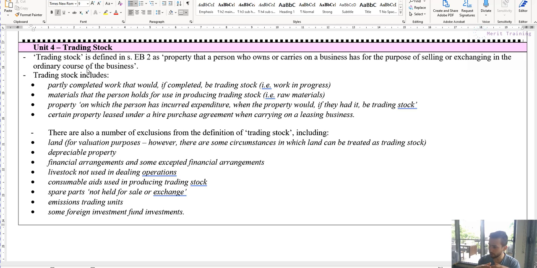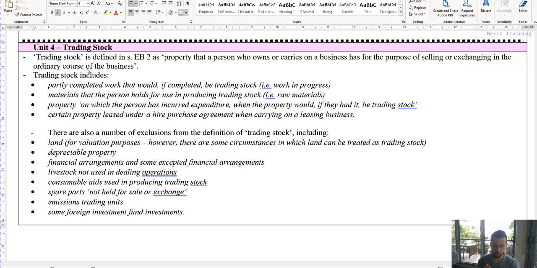Your trading stock could be apartments under construction. Or you could be a car dealer and your trading stock would be the vehicles. Now, in the hands of someone else who's not carrying on a business, it might be on capital account, might not be on revenue account. In those two examples, most likely both would have been on capital account, properties and cars.